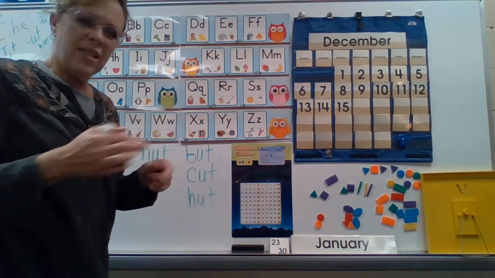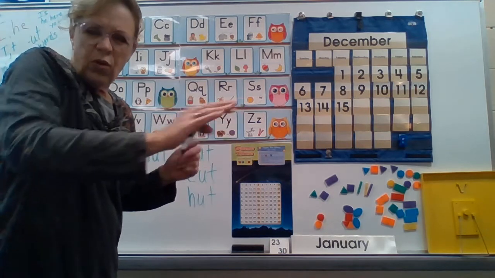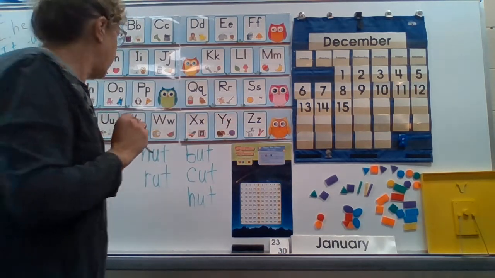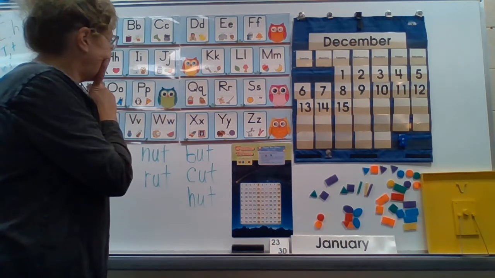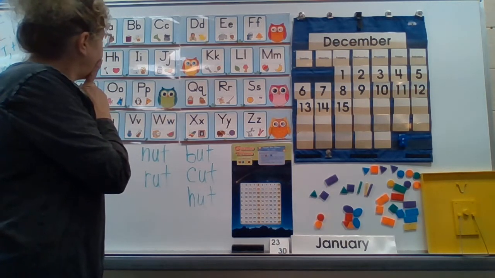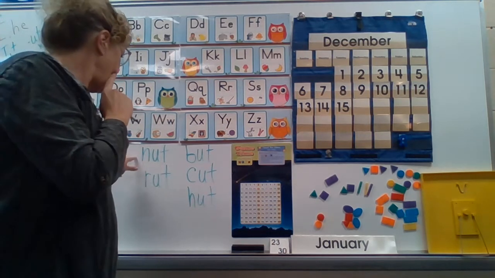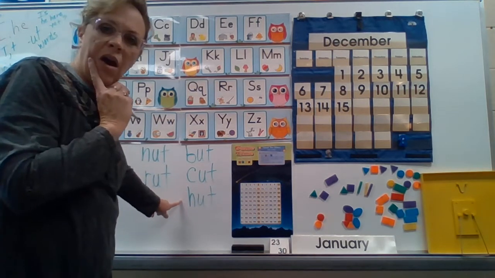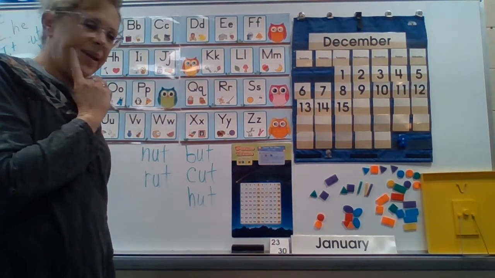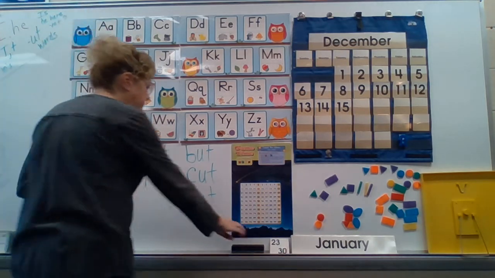Now, a rut is like if you're driving down the road and there's a dip in the road, you might call that a rut. Okay. That's probably about it. So let's see. We've got nut, rut, but, cut, and hut. Okay. Now, if you got your marker board, you can erase.